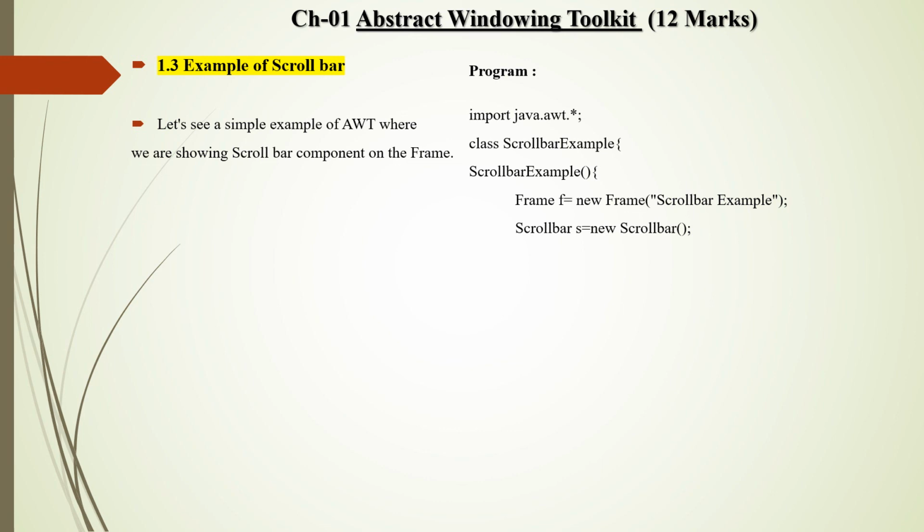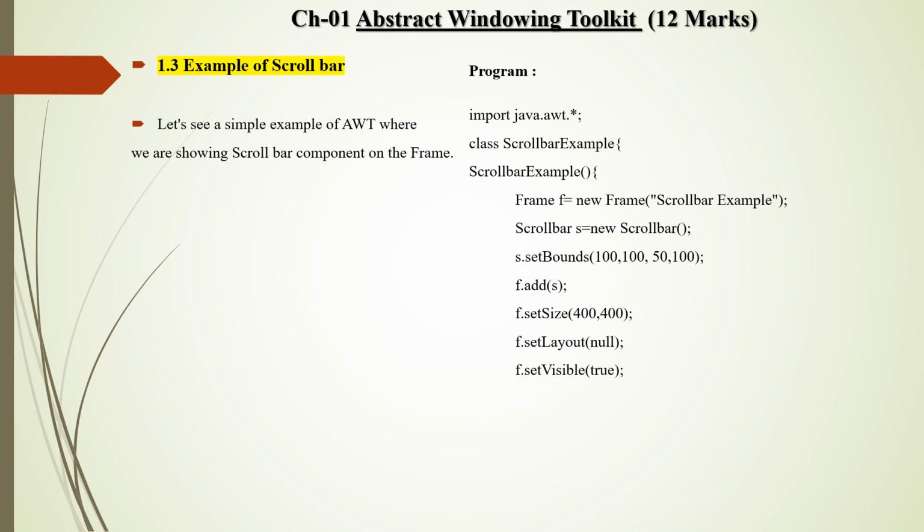Next we create one scroll bar by Scrollbar s = new Scrollbar(). s is the object of Scrollbar. Then we set the position of the scroll bar by method setBounds. Next we add the scroll bar into the frame. Then we set the size of the frame by method setSize. Then we set the layout of the frame by method setLayout.